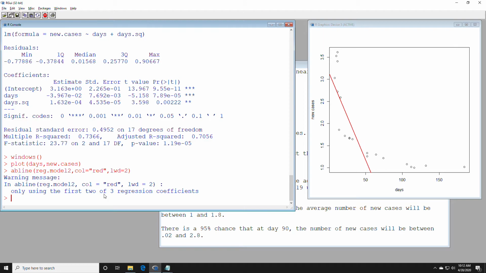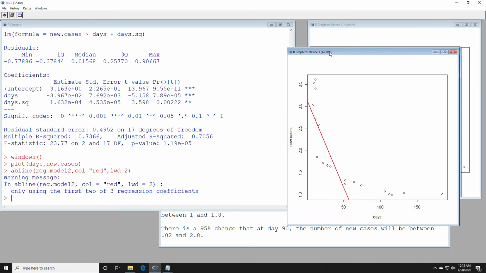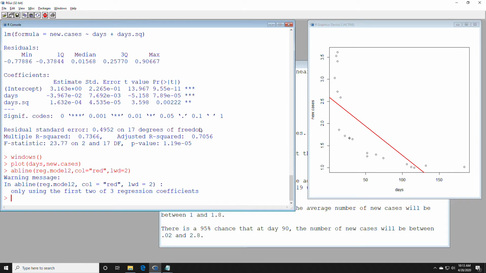That's okay. Remember, I did this in a previous example. I can't use the abline function. I have to put a curve. So that graph isn't right. It's not really worth the time. Anyway, if I look at what this regression model looks like now, it's going to be much more of a curve, and it's going to fit the data points much better than this line.